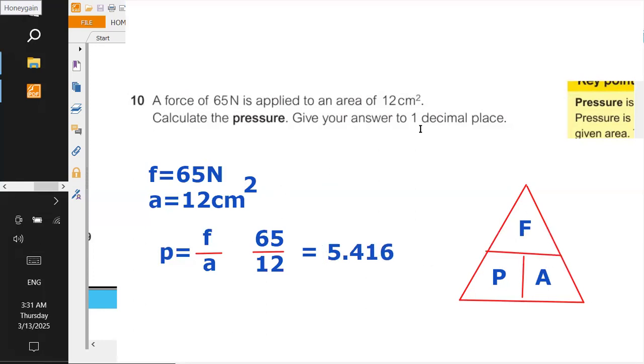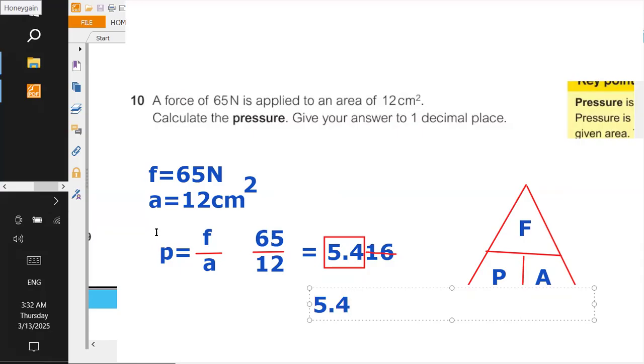Now I need the answer to one decimal place. It means I need one decimal number in the answer. So I look at the number after, which is this one, 1. This one is smaller than 5, so it doesn't change the number before. So the final answer is 5.4.